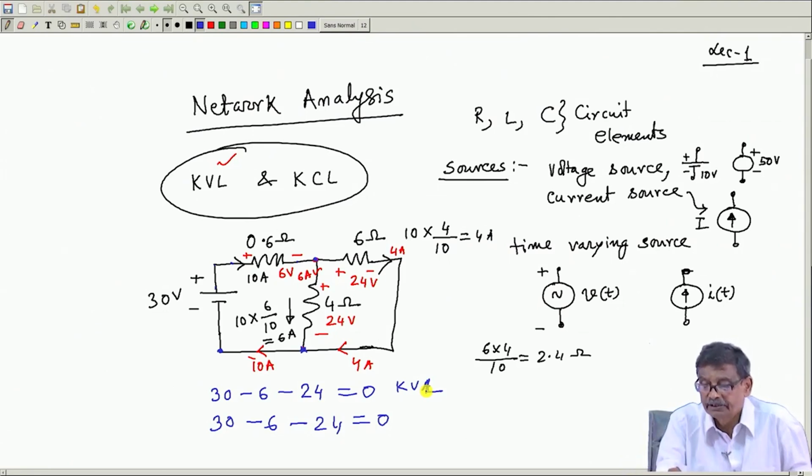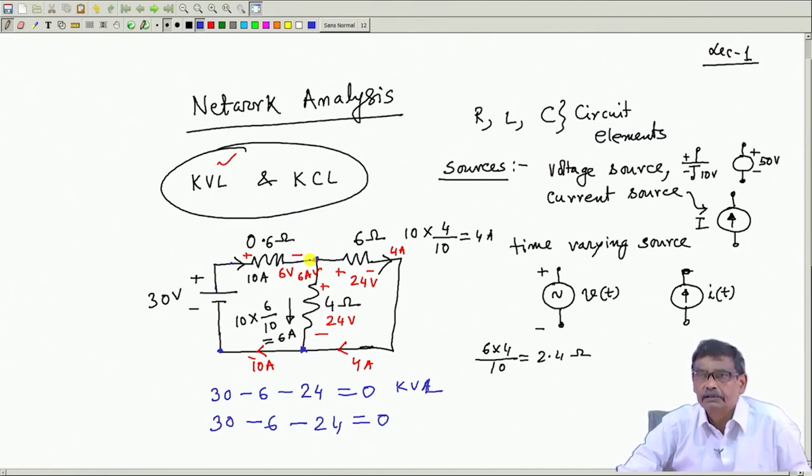Similarly, whatever junction you take, whatever current is coming in will be equal to whatever current is leaving that particular junction. And knowing this, any circuit can be solved, using KVL and KCL.